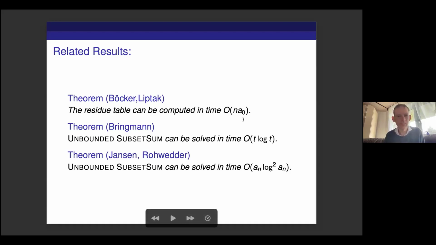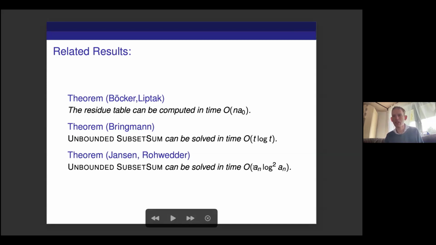And yes, we were listening to Karl, like there's also an algorithm by Karl with a running time of t log t. And the algorithm by Jansen and Rohwedder also solves the problem in nearly linear time, depending on the largest item size a_n, in quasi-linear time.